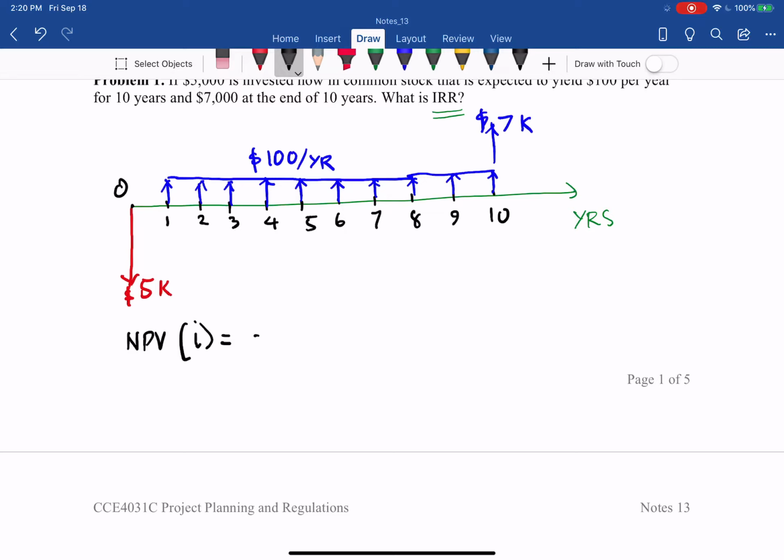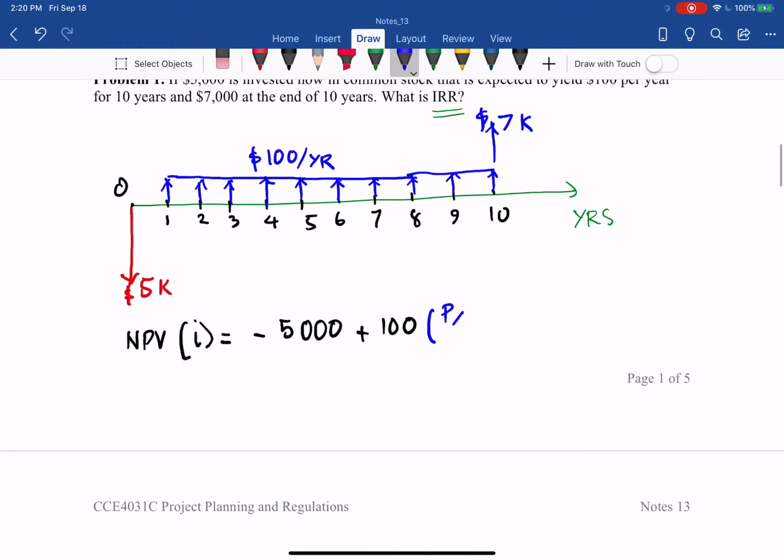So from that we have negative 5K, plus A, in this case A equals 100, times the factor for a same amount over 10 years, bringing it to present value, P over A. We don't know I, for 10 years.